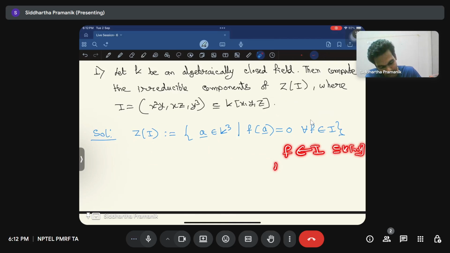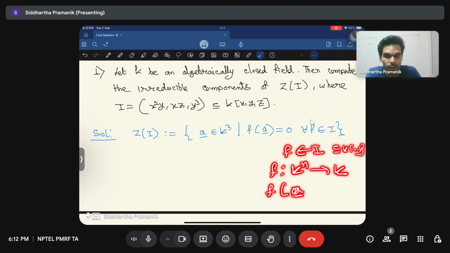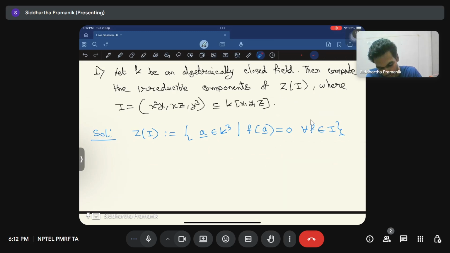So we can think of f as a function from K^n to K, by evaluating at points, just by the evaluation function. So this is the definition of Z of I. This is basically the set of all common zeros of polynomials in I.